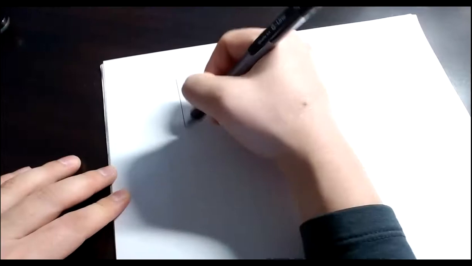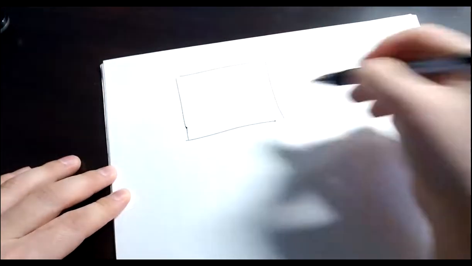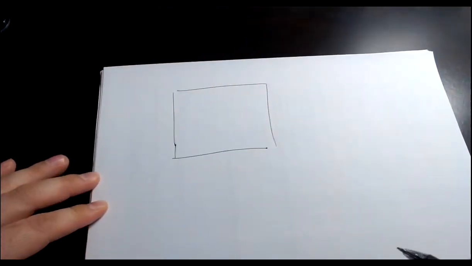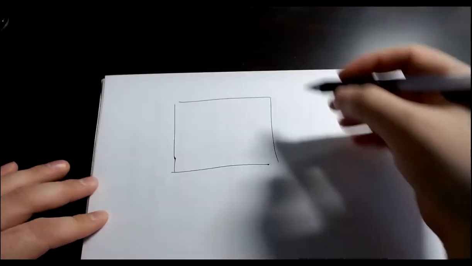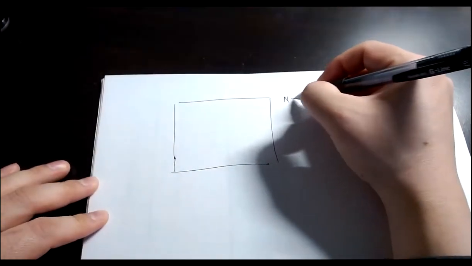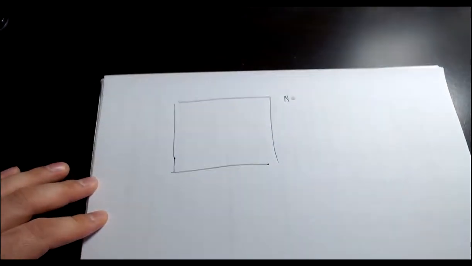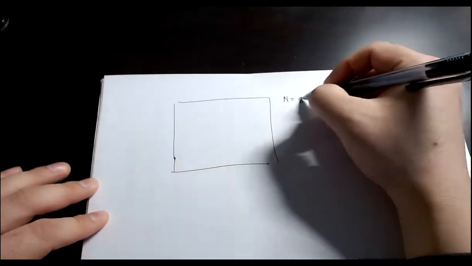Think about this one. Let's say this represents the population, the daily production of manufactured parts. So N equals 850.